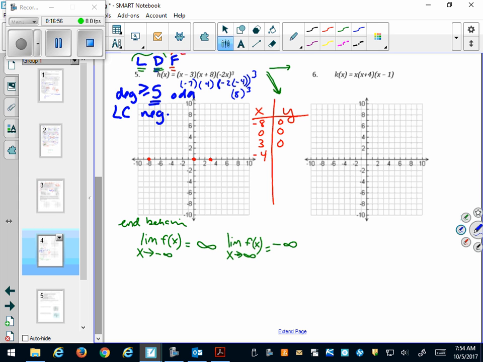So all we know is, right, the end behavior does this. So it's going to start up. It's going to come down. Oops, I'm missing my 0. Come down. And it's just going to keep going down. We're not going to be able to graph that. And then it's going to come through here, right? So now we have to figure out where the peak is between 0 and 3.